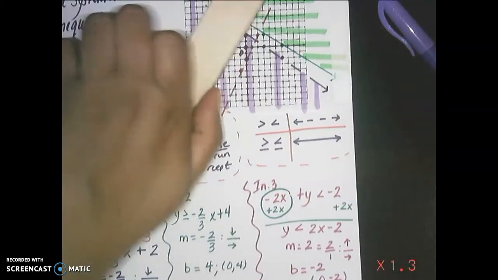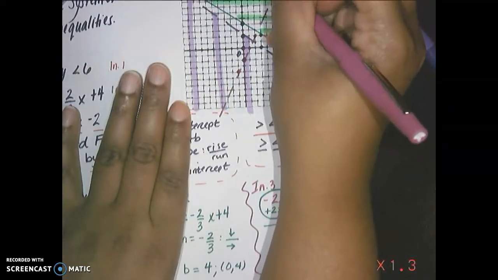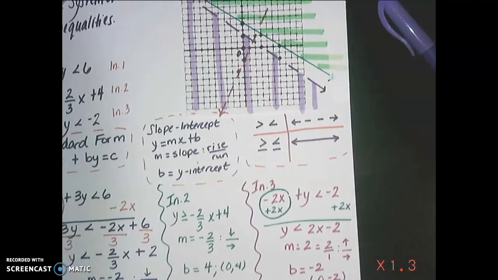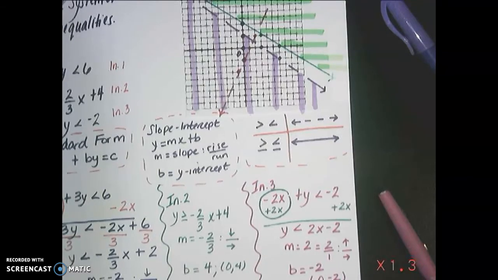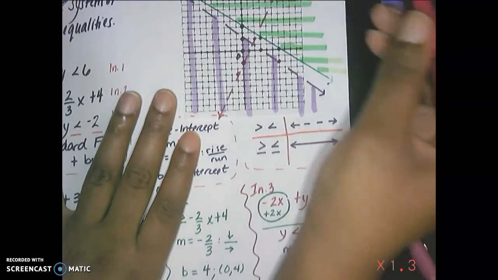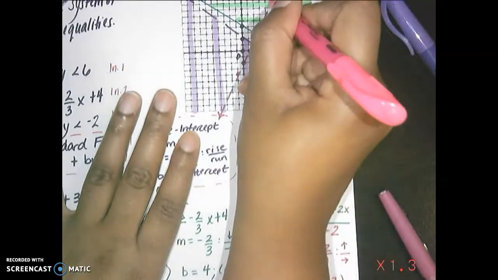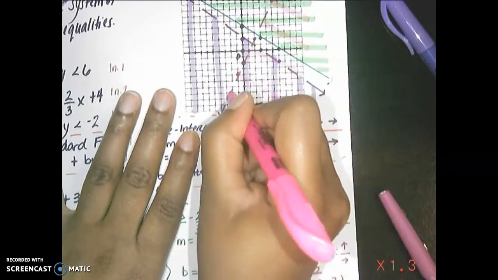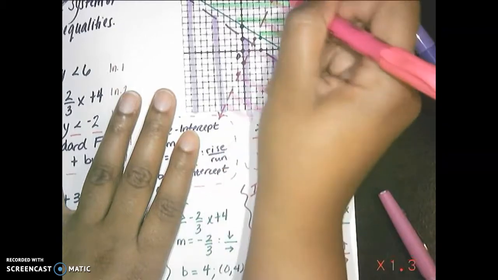Okay, and then it is less than. Since it says less than, it's going to be all of the values that are here, because this is where it's less than.